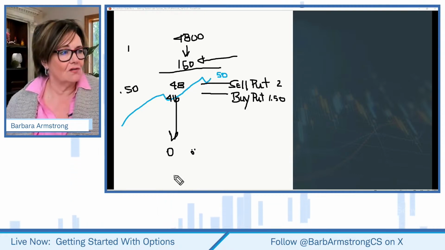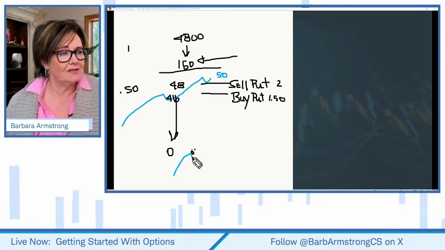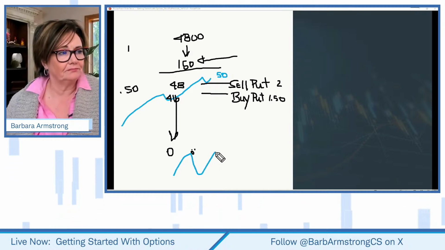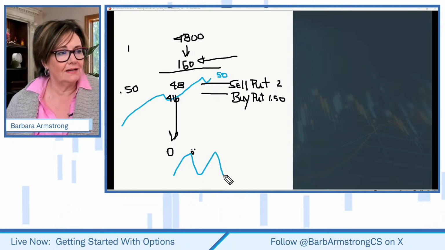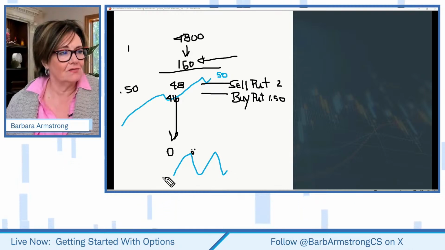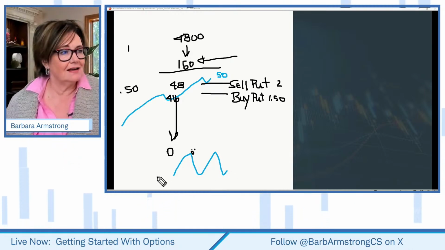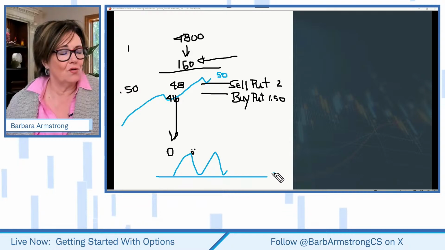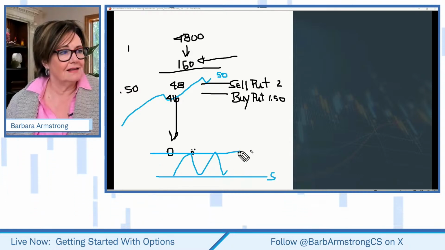Well, what if a stock was going in a big sideways range like this, up and down? When it comes down here and looks like it's going up again, this line here we call support, and this line up here we call resistance.